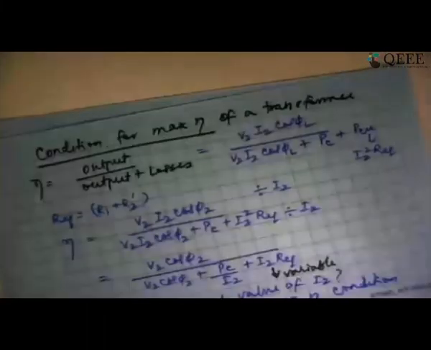There is one more question. Why do we divide the equation by I2 to get the maximum efficiency? You need not divide by I2. You can even do V2 I2 cos phi 2 divided by V2 I2 cos phi 2 plus PC plus PCU. No problem. Only thing, there will be a second order term. If you look at the original expression without division, please note that it has I2 square here.